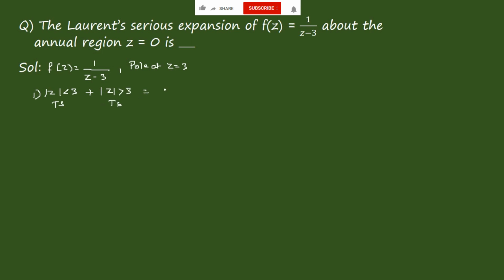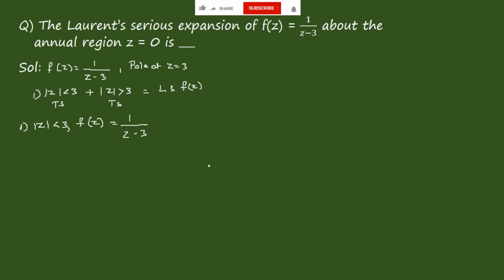Then we get the Laurent series of f of z. Coming to the first one, we find it for mod z less than 3, and the function is f of z equal to 1 by z minus 3.